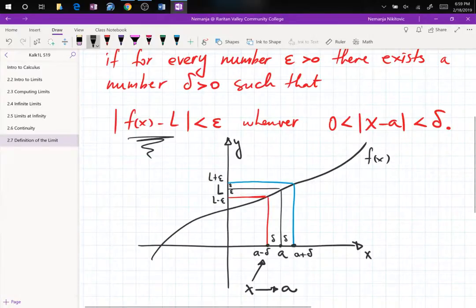So that's the red line, the one that is moving closer to the black line. Therefore, the red line over here, which is L minus epsilon, is the one that moves closer to L. So your red line is your f of x. So the difference between L and f of x is that epsilon.